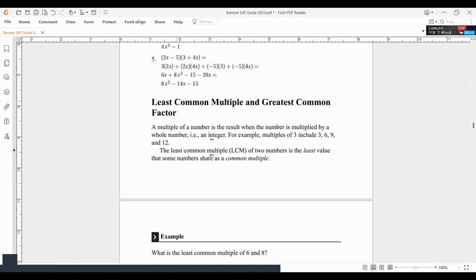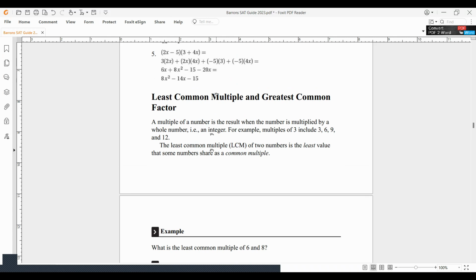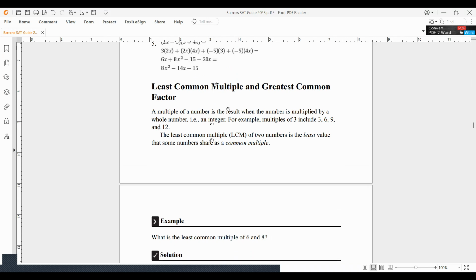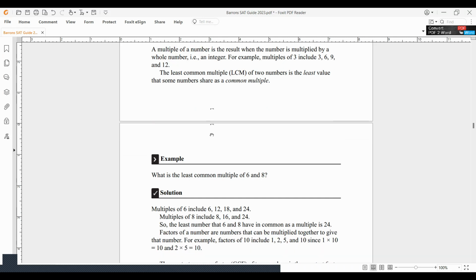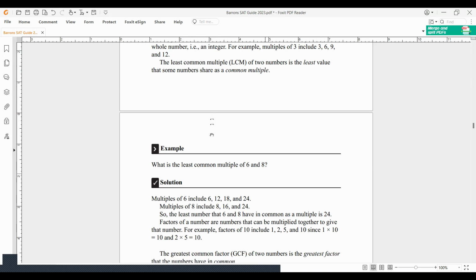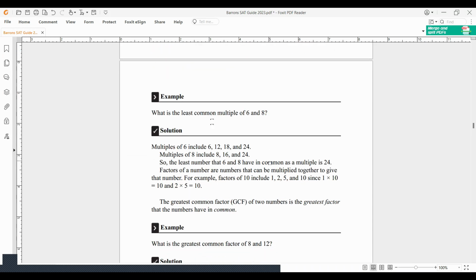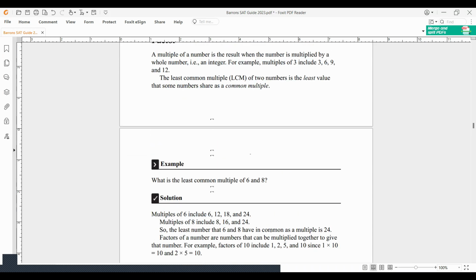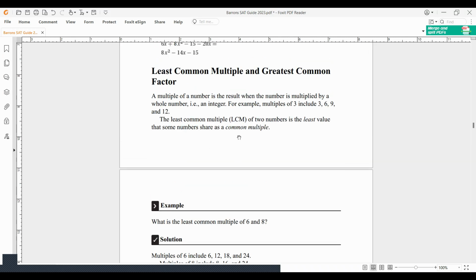So the least common multiple and the greatest common factor, we call these the LCM and the GCF. I think you already know what the least common multiple of 6 and 8 is. What is basically the LCM?